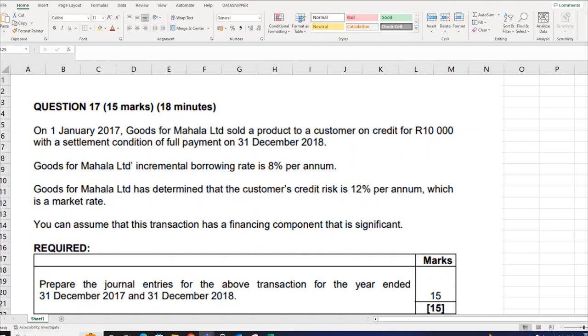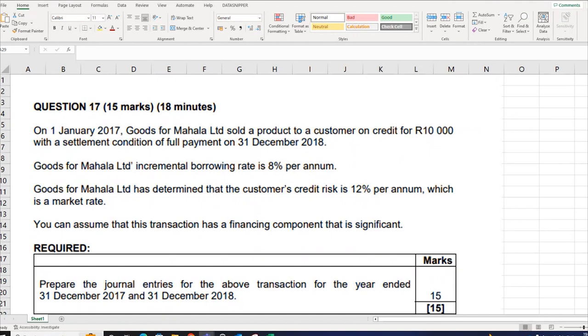In our context, at a very high level, step 1 would be to identify the contract. In this case, we sold a product to a customer and they will pay us in 2 years' time. That is the agreement: we give them the product, they give us the money. Then step 2 is identifying each promise in the contract as a performance obligation, which is what needs to be fulfilled for you to be able to recognize the revenue.